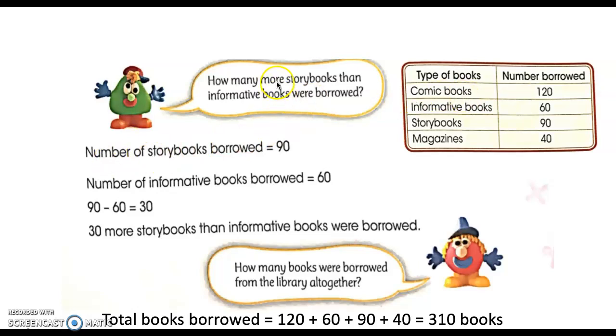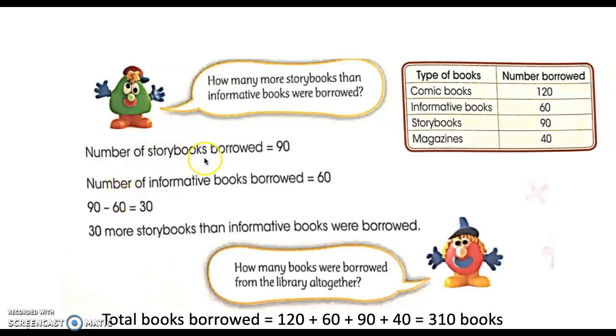So how many more storybooks than informative books? When you have a question like this, you must first collect the data for storybook and then later for informative books, and then you have to subtract because we are comparing. In maths, especially when you are comparing, to know which one is more, you have to subtract.